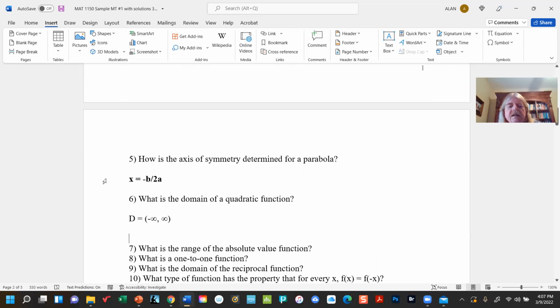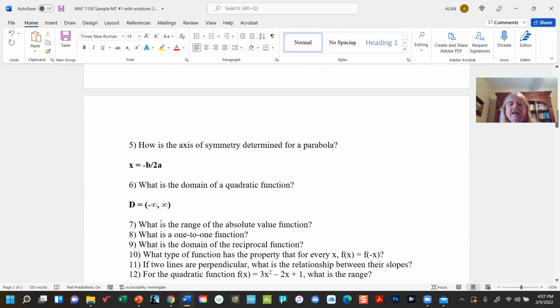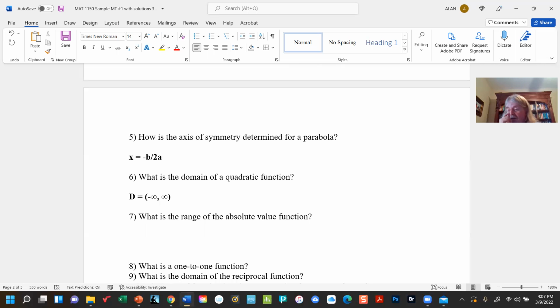All right, great. Now the range of the absolute value function, that's an interesting question. It's one of those things you can try to memorize, but there's no reason to, because if you draw a picture of this, basically what you're seeing here, remember the range is the possible values of y.